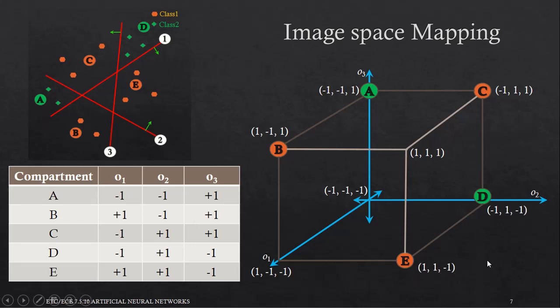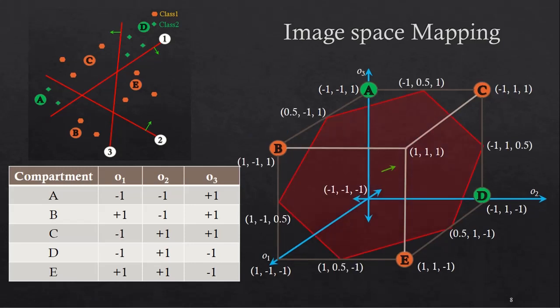Now observe the points. These points are now easily separable in the image space by any hyperplane, such as this. You can see that this hyperplane has separated the points B, C and E from points A and D. What has happened here?